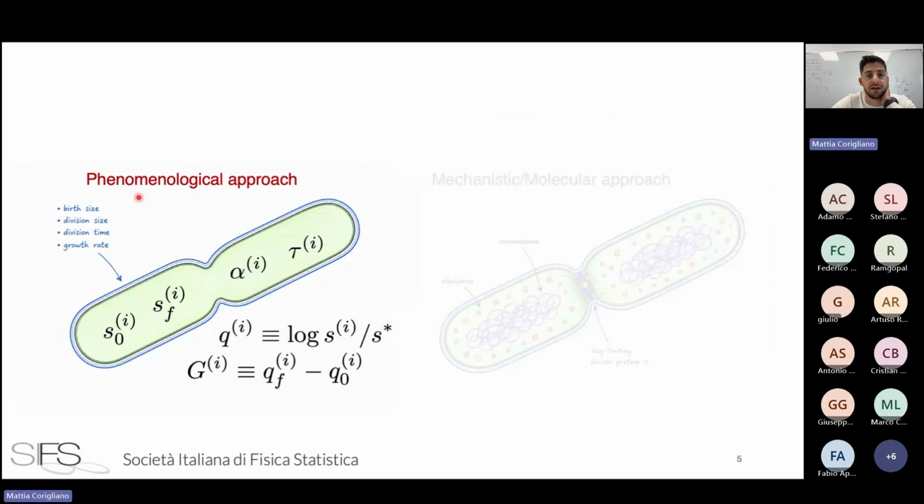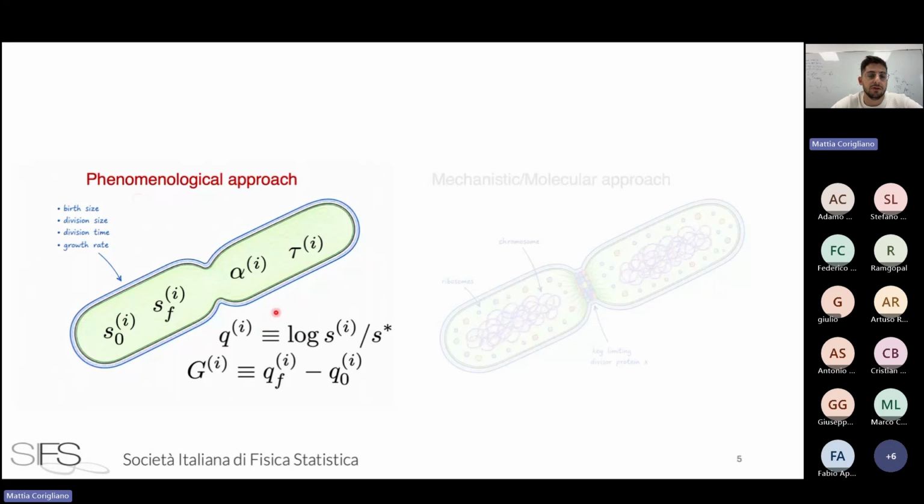So I'm going to start with the phenomenological theory, which will be helpful also to set a lot of notation and key ideas. So basically, the key observables we will look at are, again, the cell size at birth or at division, S0I and SFI, at a given cell cycle I. And other key quantities are the growth rate, so the speed of growth, how fast cells are growing, alpha, and the division time, so the time it takes for a cell to divide from birth.